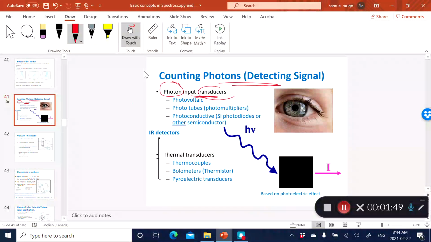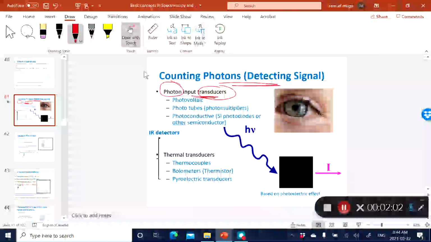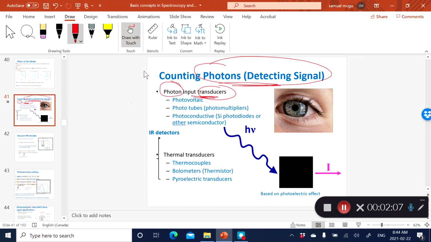And so you need to convert that light into current or voltage or something that is in the electrical domain. And so as you would imagine, as far as the figures of merit are concerned, the type of detector that you use highly impacts the sensitivity of your instrument, such that what I'm saying is a very, very important component in the instrument.